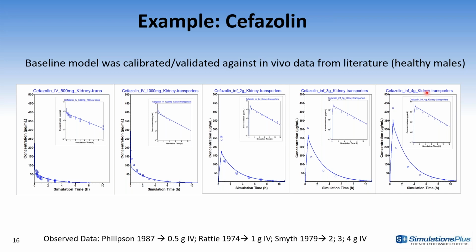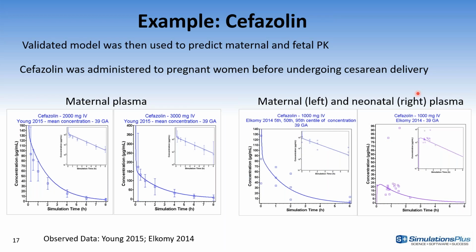So taking this model, we then used it to start predicting what would be happening in pregnant females, as well as in some of the fetus compartments, at least as much as data was available. Taking the same model, simply replacing physiology to represent a pregnant woman, we were able to nicely model different studies.